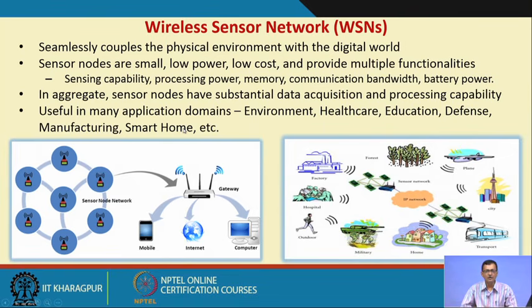So, already we know about wireless sensor networks. I believe it is more or less known. Just to put some points: it seamlessly couples the physical environment with the digital world. A wireless sensor network has different sensor nodes, sometimes we say motes, which collect information, and those are digitized and pushed through the sink to the central infrastructure.